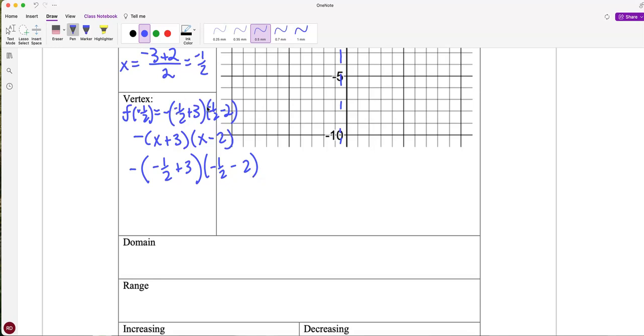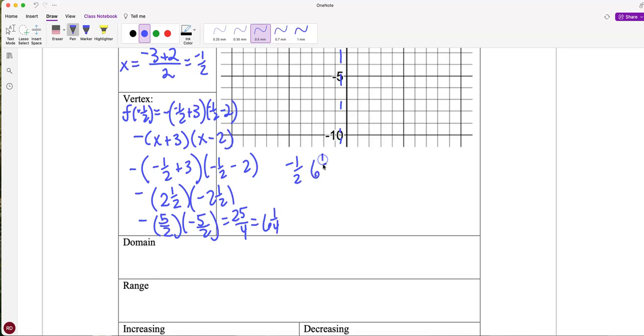So this is 2.5, and this is minus 2.5. So this is minus 5/2 times minus 5/2, which is 25 over 4, which 4 goes into there, 6 1/4. So this point is -1/2, 6 1/4.